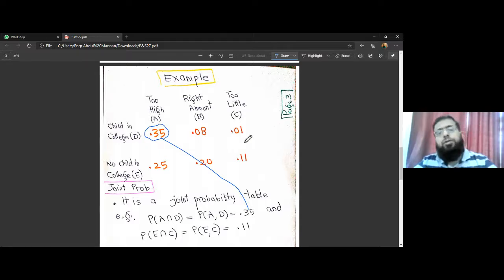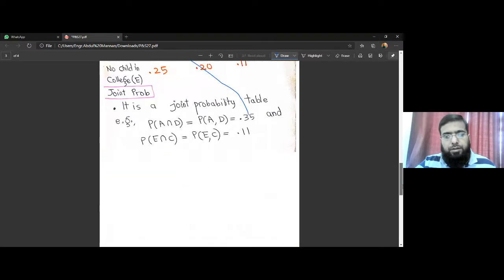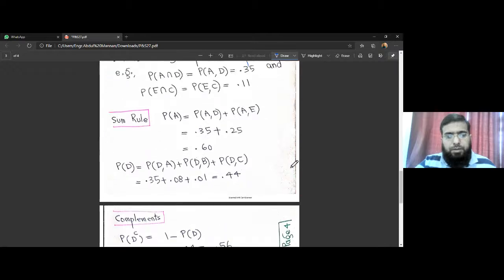So probability of D would be the sum of all these joint probabilities. The sum of the first row will give us the total probability of D. These probabilities, obtained by summing a column or by summing a row, we call marginal.